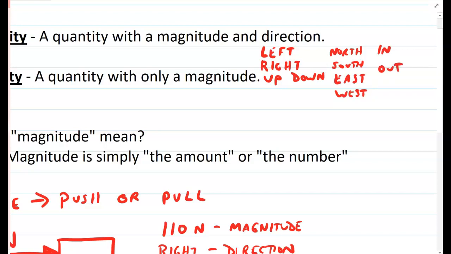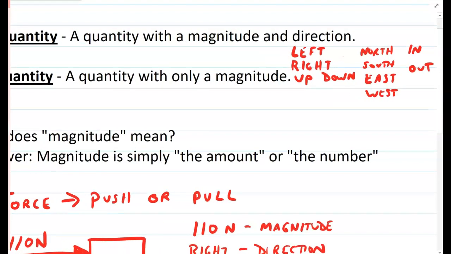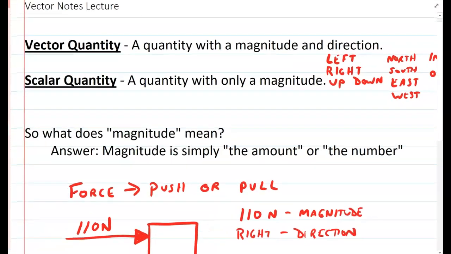See, these are all physical directions you can point with your finger. When you're standing somewhere, you can say that way is up, that way is down, that way is left, that way is right, that way is east, north, south, west, whatever. Those are directions. So some quantities always have a physical direction associated with them.